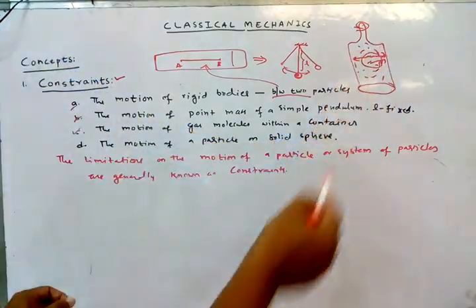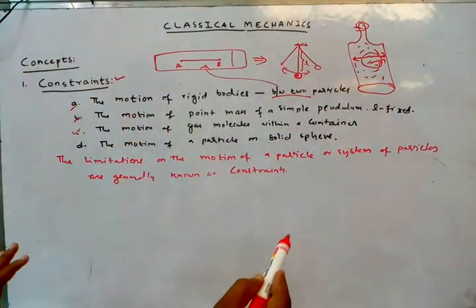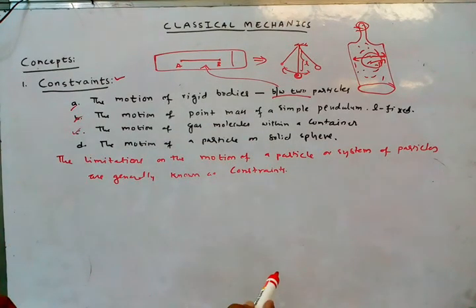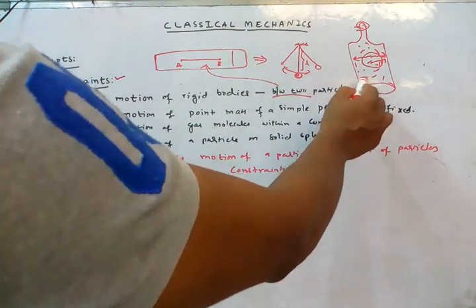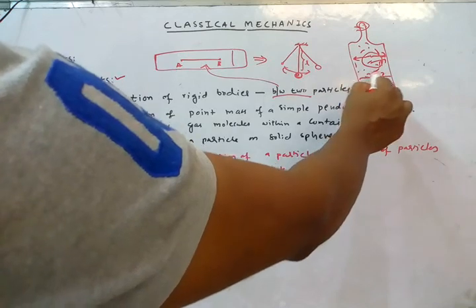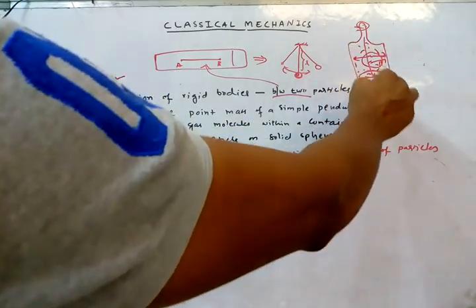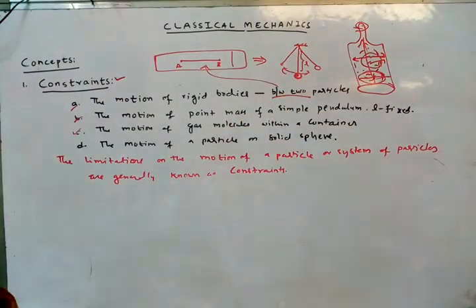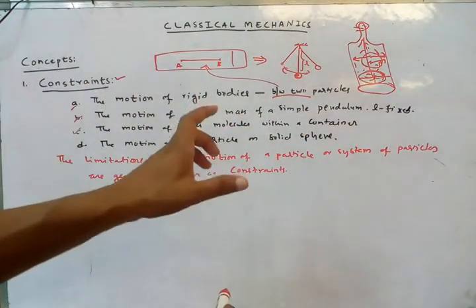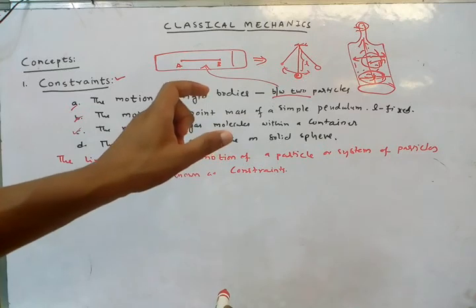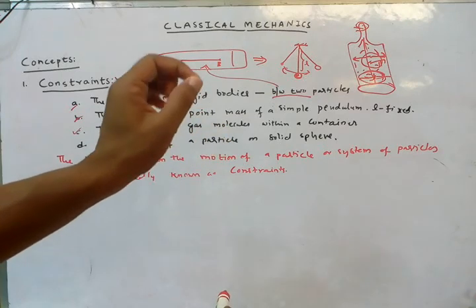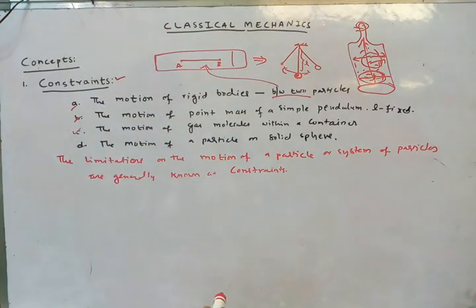So this is a constraint, a restriction on the motion of the molecules. What is the restriction? It has only limited space. For example, this is R, and 2R is the distance within which it has to move to and fro, or up and down. So the molecules are moving within limitations, within constraints.